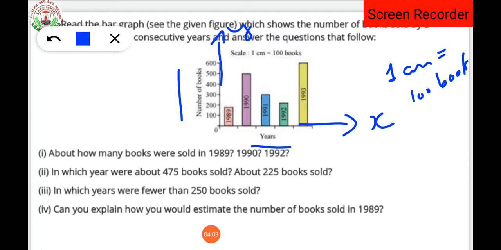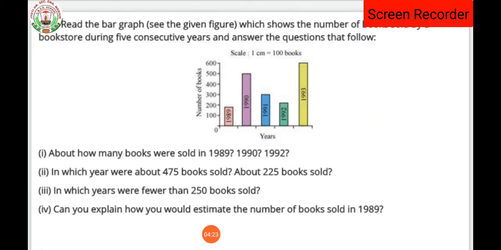It is more than 100 but less than 200. Then in 1990 the number of books is 500. Then 1991 300, 1992 more than 200 but less than 300. And in 1993 the number of books is 600. Okay, so this is the graph with the scale.